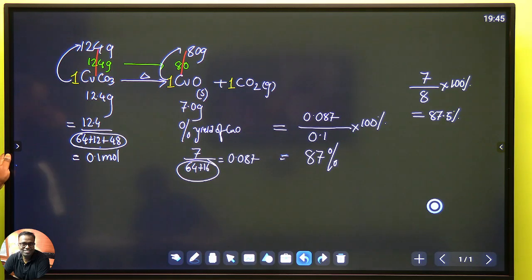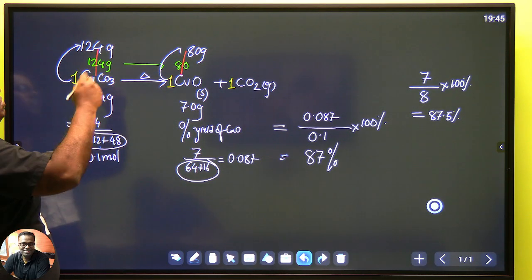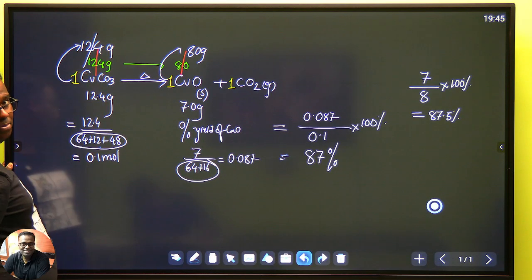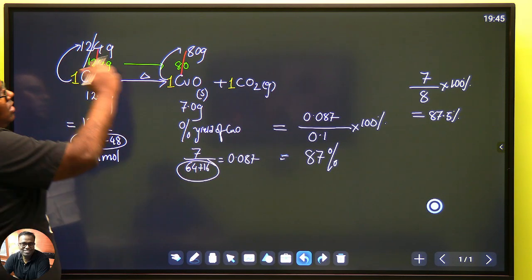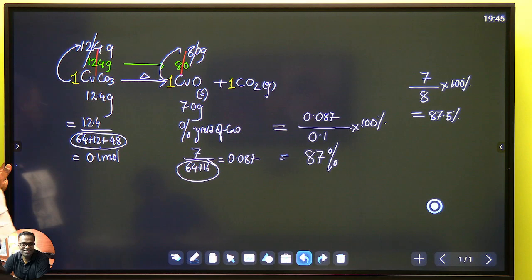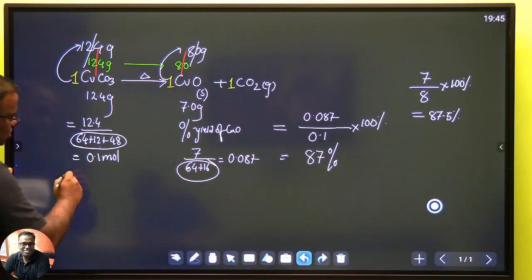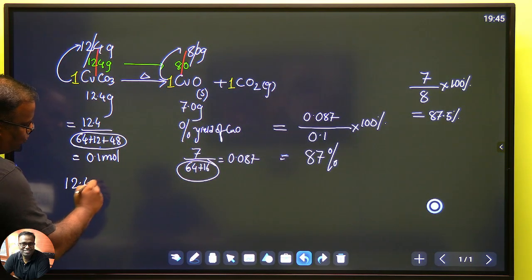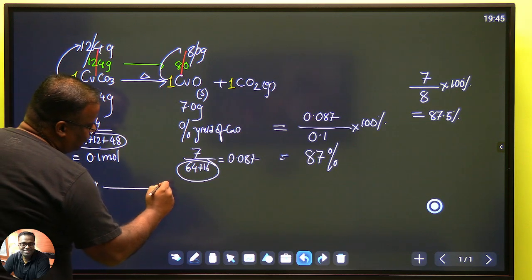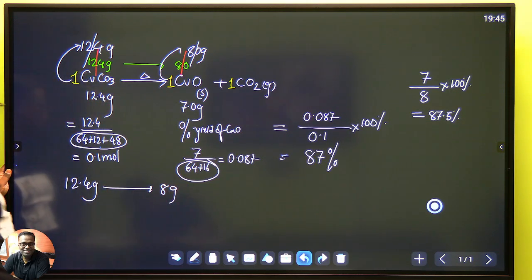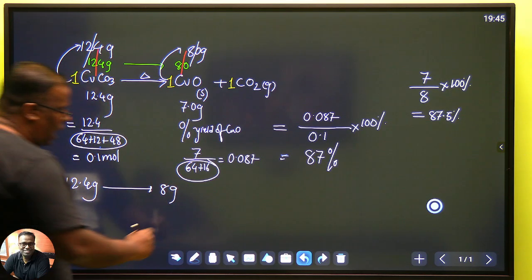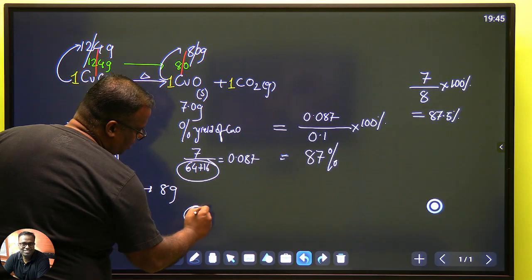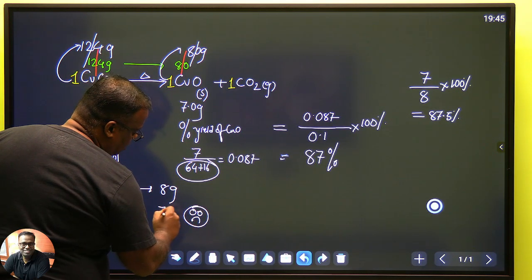In your reaction you are having 12.4 means 1/10 लिया है आपने. 1/10 should give 1/10 on this side. So the reaction now says to me 12.4 grams should give me 8 grams. मिलना चाहिए ना? पर आपको आपका मन तो दुखी हो गया. क्यों दुखी हुआ? आपको 7 grams मिला.